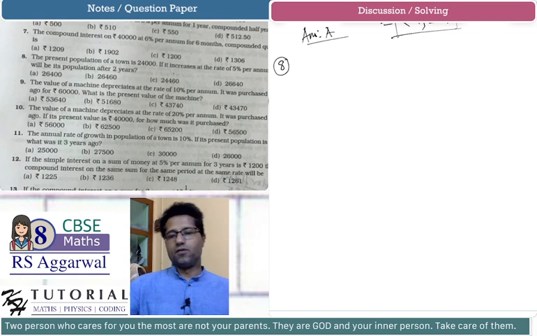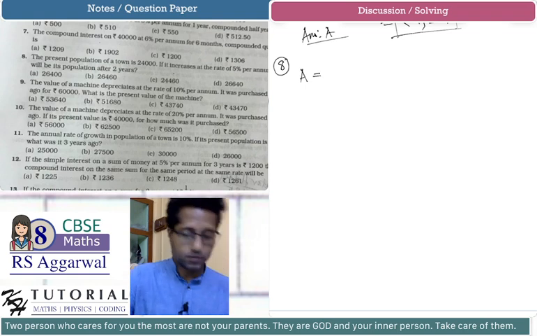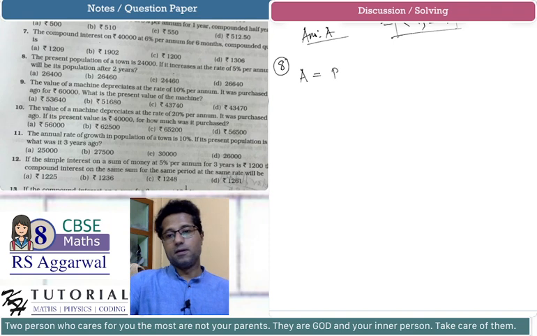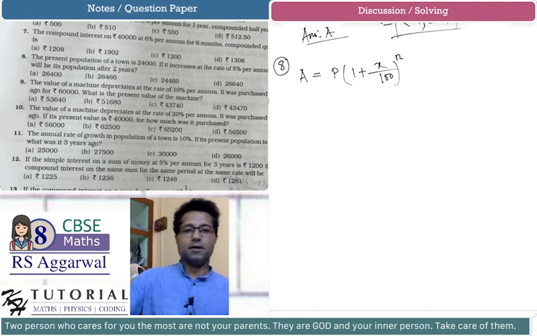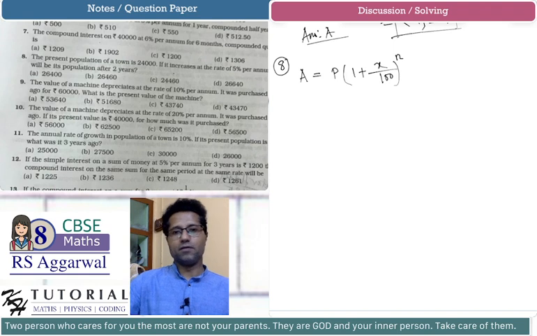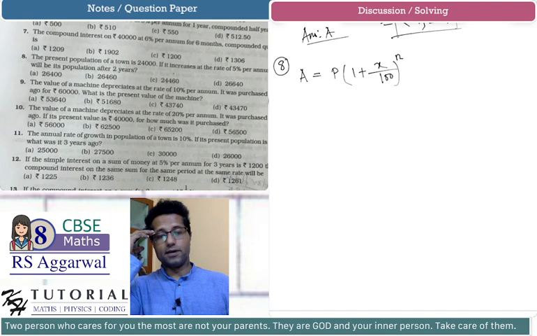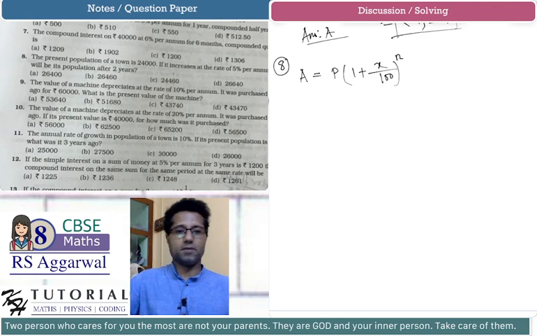So the formula for the population: A is the population after n years. So A is equal to P multiplied by 1 plus x by 100 to the power n. This is the formula for the population after n years, where n is an integer, that is the time period in years, and x is the rate of increase of population per annum.